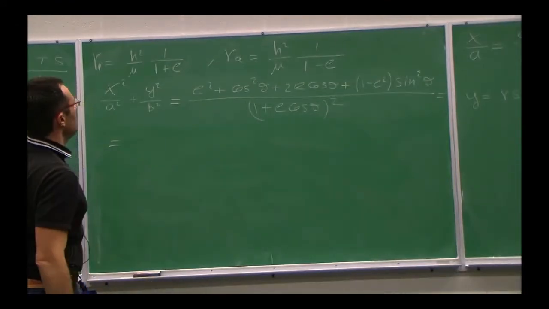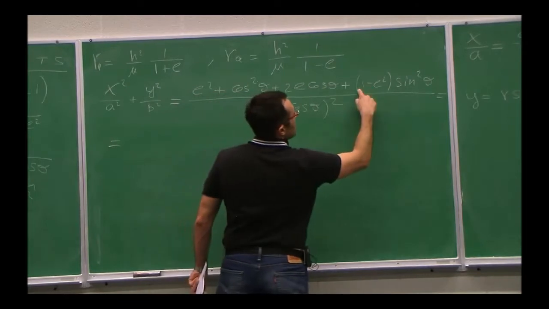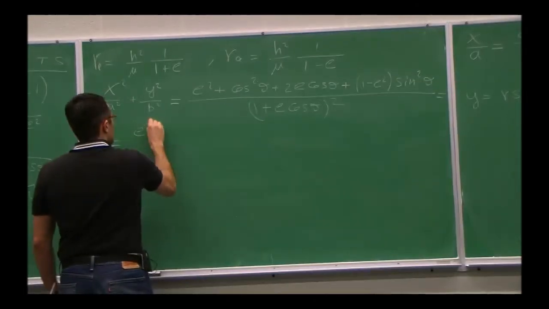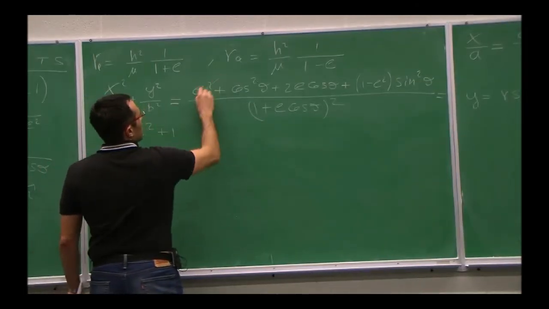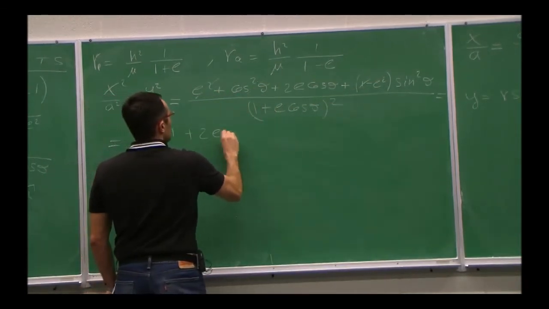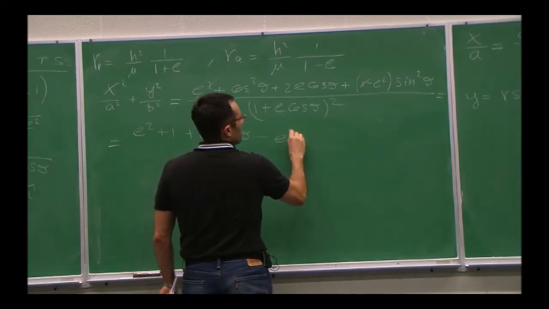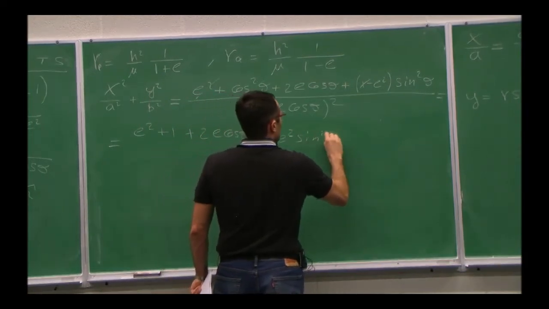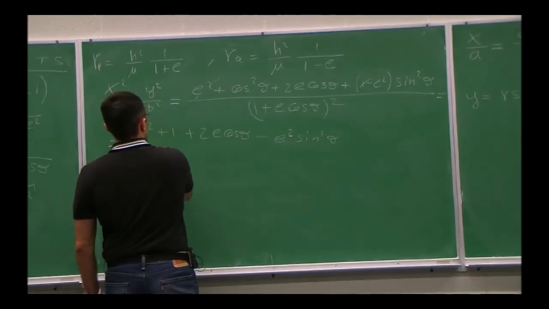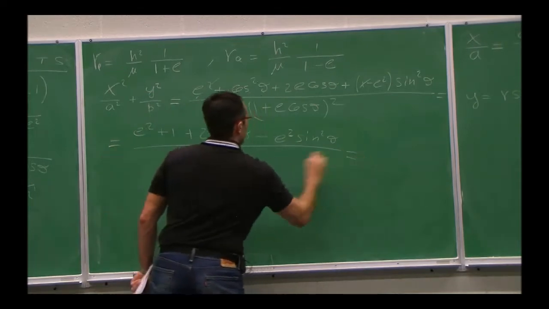Let's see what I recognize. Well, I have a cosine squared and a sine squared here. That's a 1. So e squared plus 1. Take care of this, this, and this. Plus 2e cosine of theta minus e squared sine squared of theta. Okay. Divided by whatever is there.